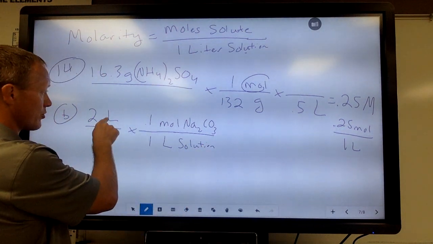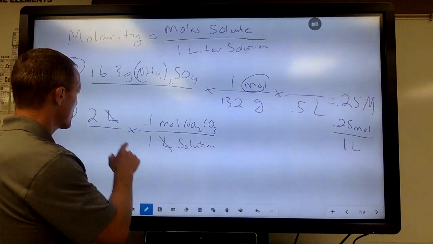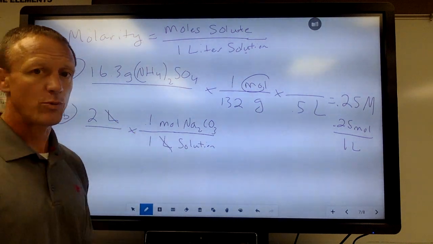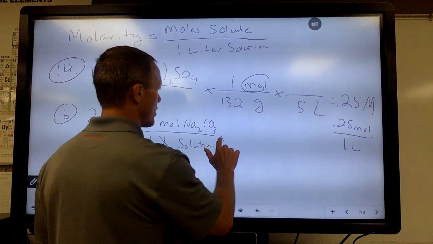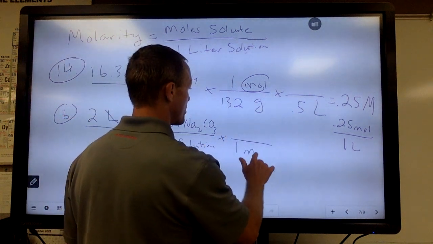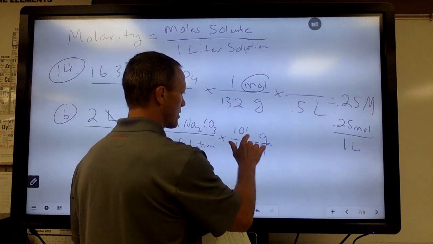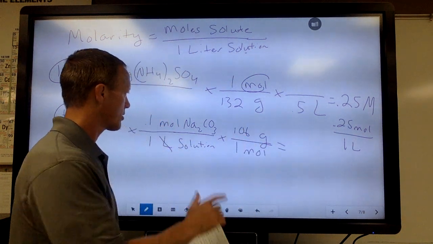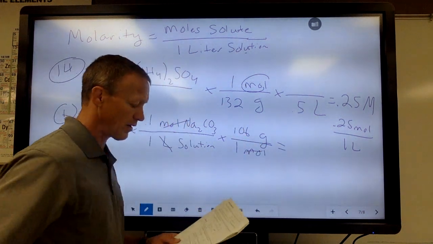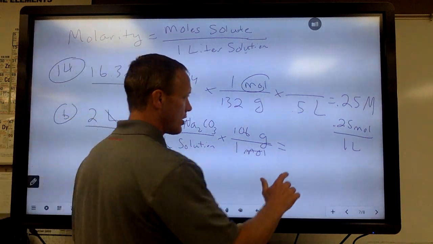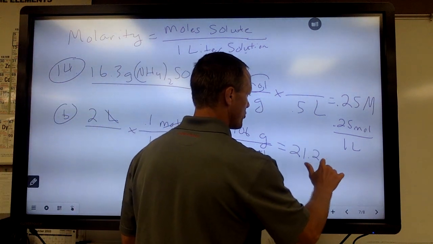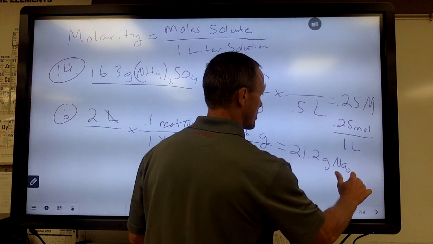We're trying to make a 2 liter solution, so those labels cancel. Multiply 2 times 0.1, and I need 0.2 moles of sodium carbonate. To get into grams, a mole of sodium carbonate is 106 grams. So moles cancel, we're left with grams, and I would need 21.2 grams of sodium carbonate.